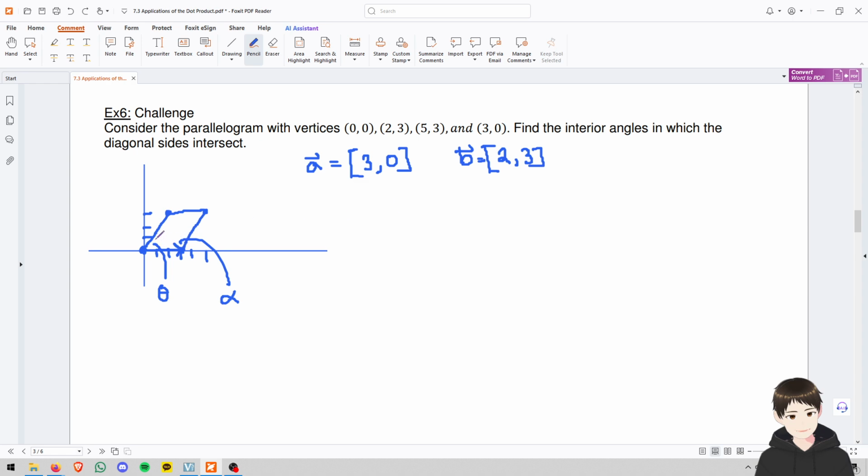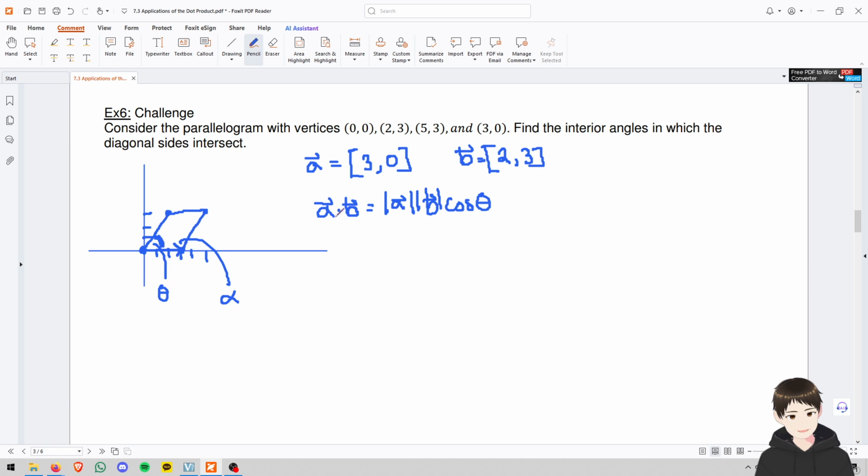What is the angle created when A and B are, I guess, intersecting? That is the same as saying A dot B is equal to the magnitude of A, the magnitude of B, cosine theta.